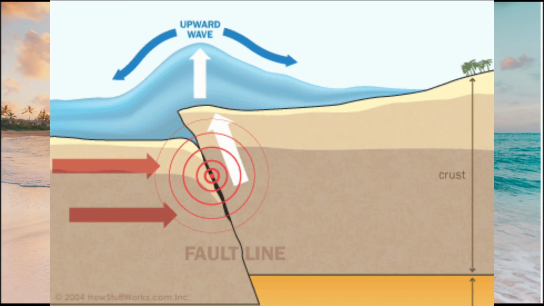Very important. So anyways, as the seafloor rises and falls, so does the water column above it, creating the waves. Another important fact is that only vertical seismic disturbances cause tsunamis, not horizontal. That's another common misconception.